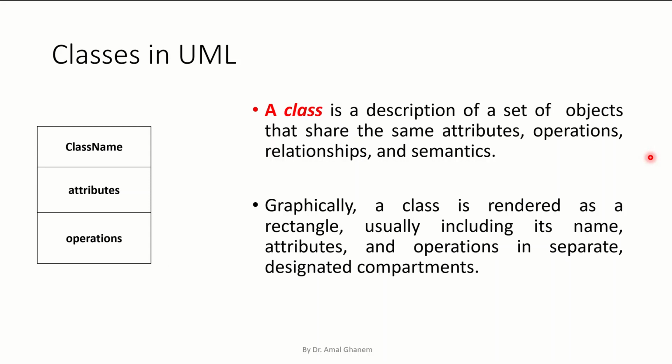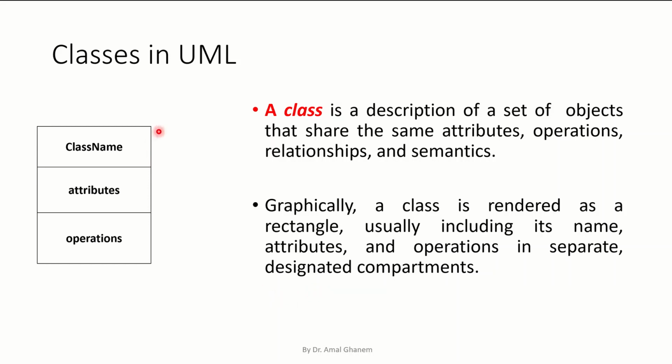Instead of writing the Java program, we will do it as a class diagram. Graphically, a class is a rectangle, and we will have the name, the attributes, and the operations in separate parts.